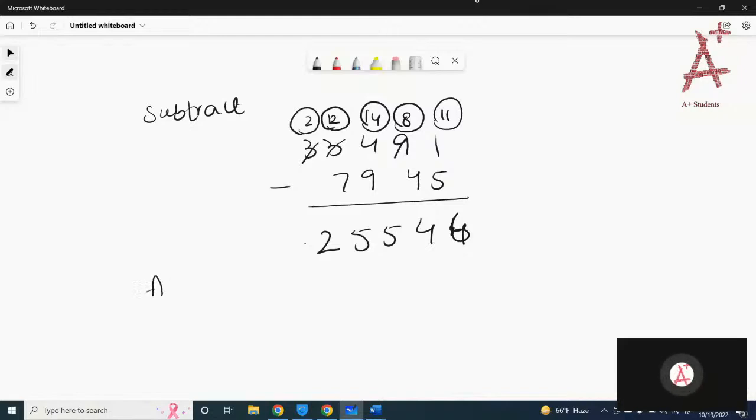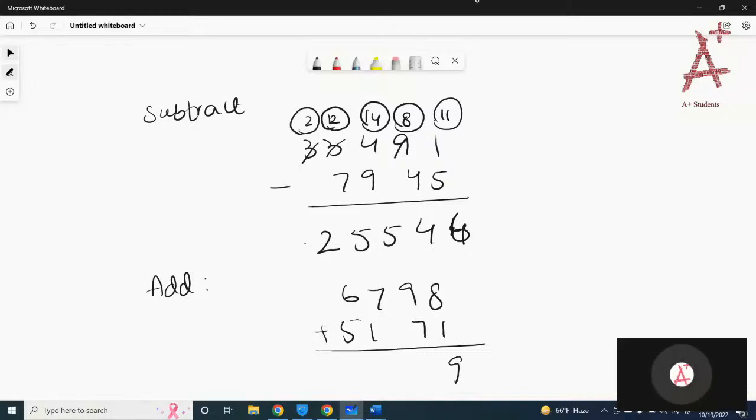Okay, the next one is you have to add 6,798 and 5,171. Whenever you're working on adding numbers, you always start with the ones digit. Got it? So start adding the ones digit. 8 plus 1 is 9.